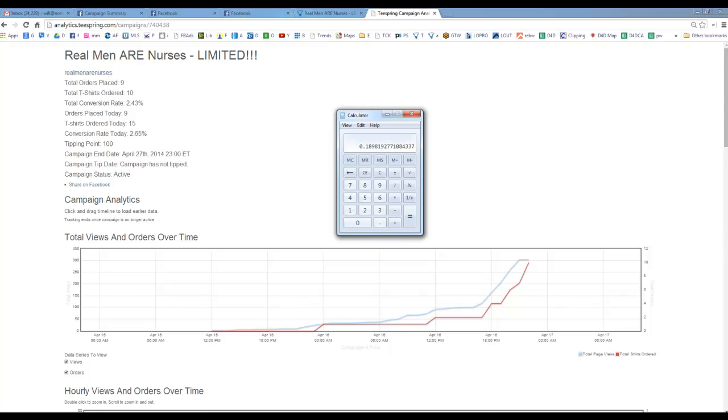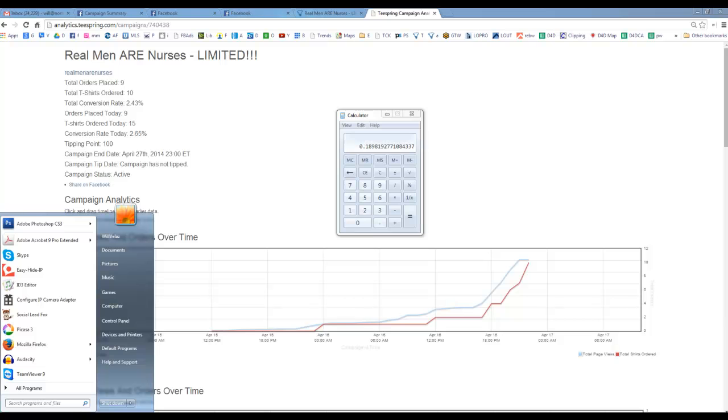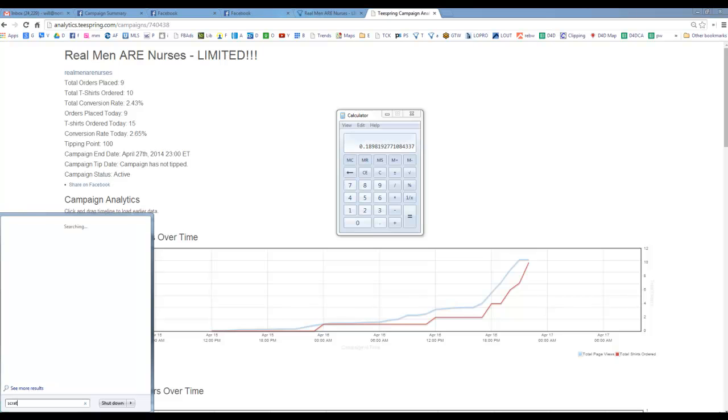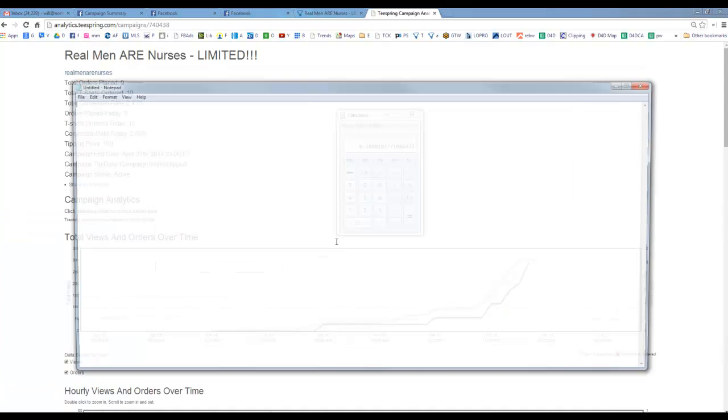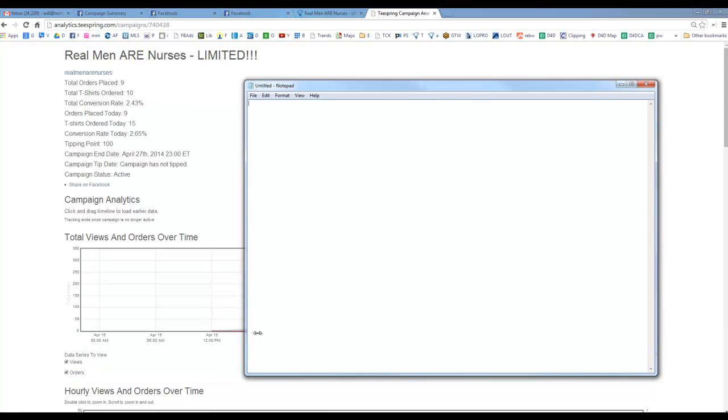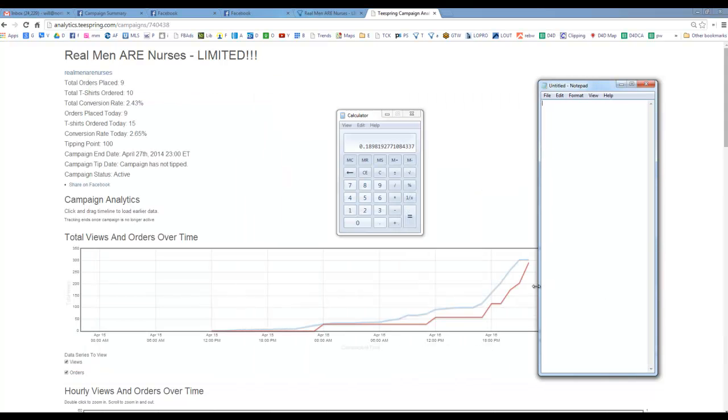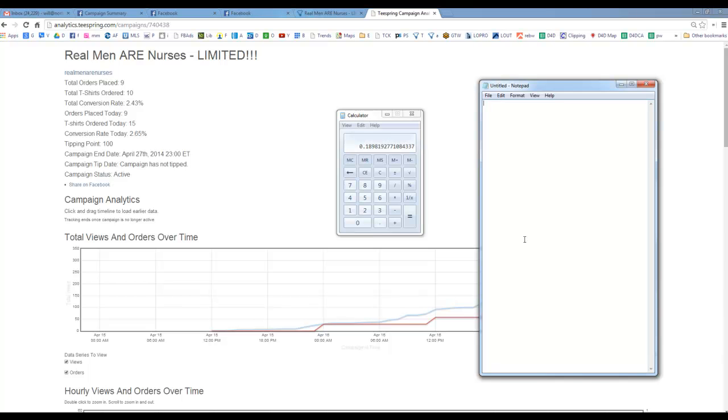Is there a scratch pad that I can use? Why don't I just put it on a notepad? So let me just run something here. 2.65% is our conversion.